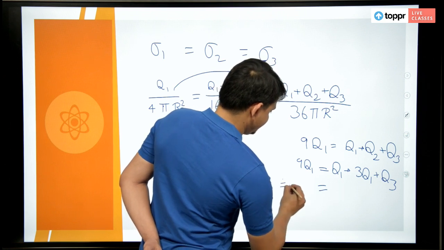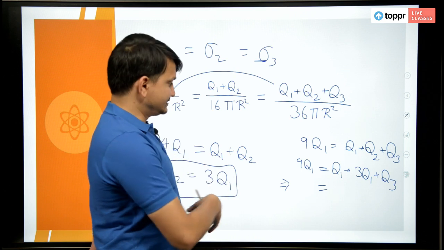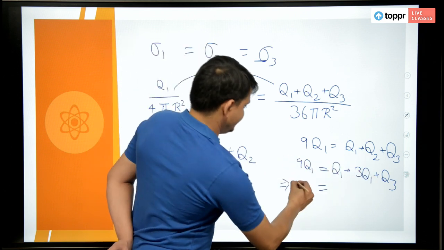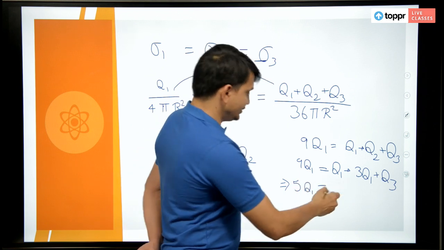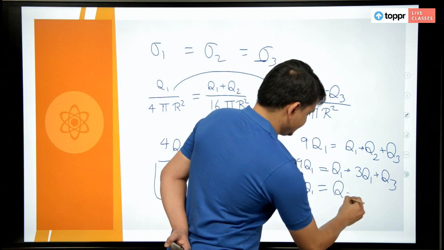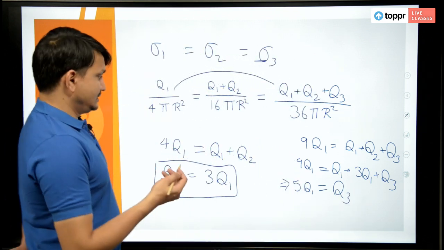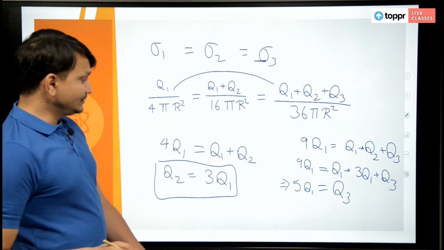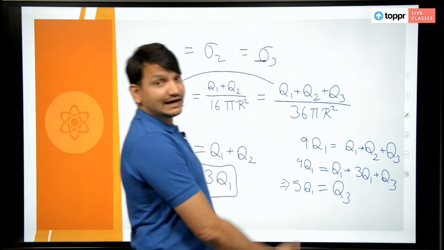That gives us, take out all the Q1s on the one side. So 9Q1 minus 4Q1, that is 5Q1, is equal to Q3. So Q1 is to Q2 is to Q3 is equal to Q1 is to 3Q1 is to 5Q1.